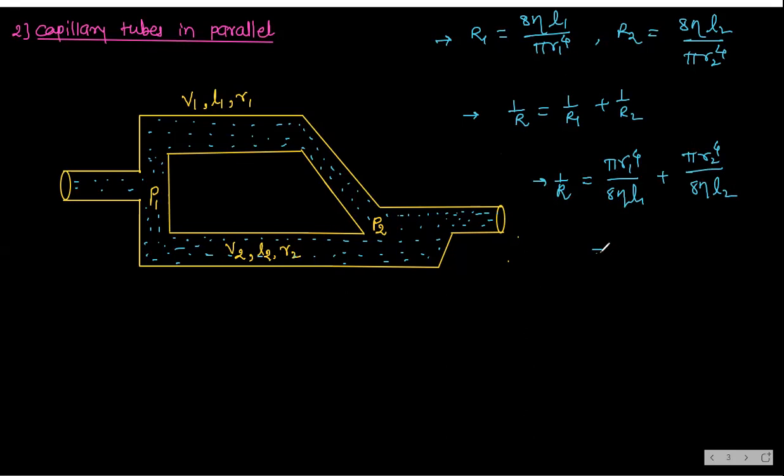Now what I can take common? I am taking pi by 8 eta common: R1 power 4 divided by L1 plus R2 power 4 divided by L2. This is 1 by R.